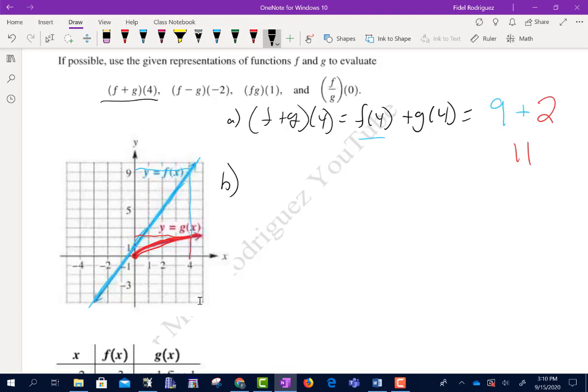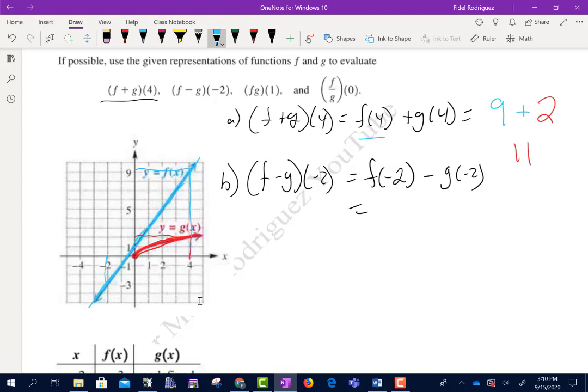Part B. We're going to find f minus g of negative 2, which means I'm going to find f of negative 2, and I'm going to subtract g of negative 2. Okay, so f of negative 2 means I'm looking for the y value on the f function when x is negative 2.